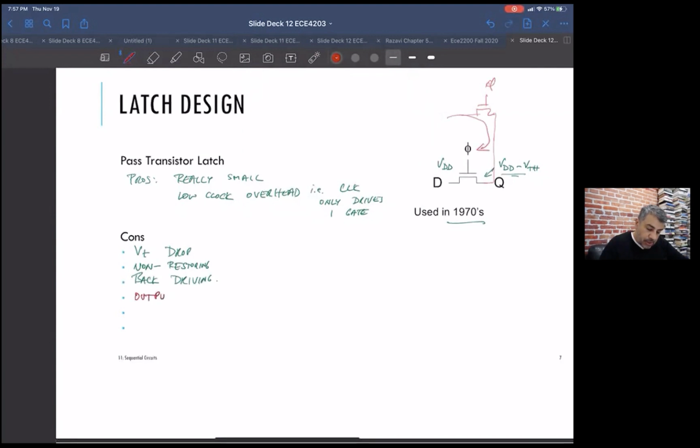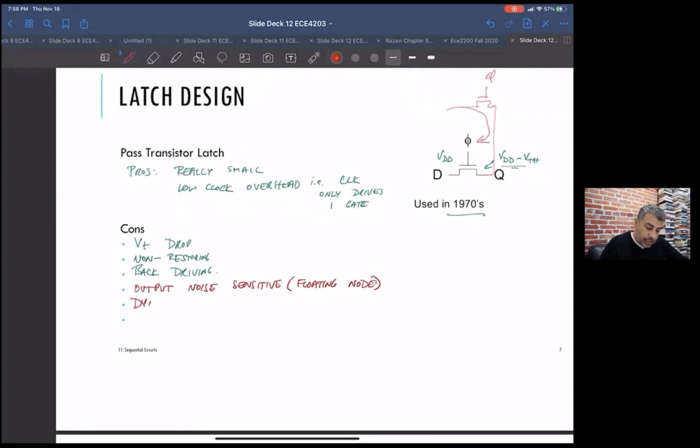Output is noise sensitive. We just got through talking about that. So the output is a floating node, and that's very crosstalk sensitive.